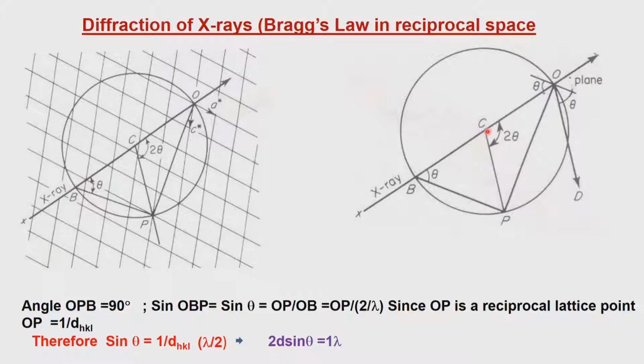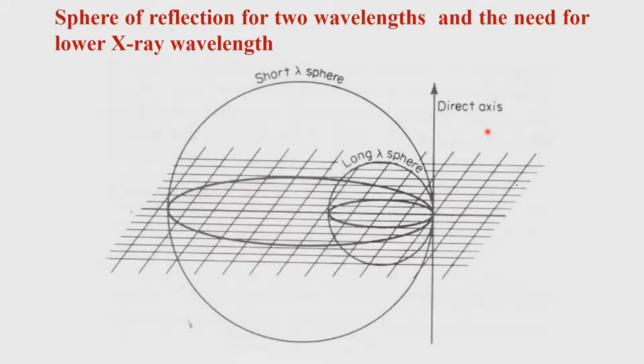So having seen this, we will go further and see what are the ways in which we can now utilize the fact that these reciprocal lattice points will cut the Ewald sphere, and whenever this will happen at the Ewald sphere, the diffraction condition is satisfied, so we get a reflection.